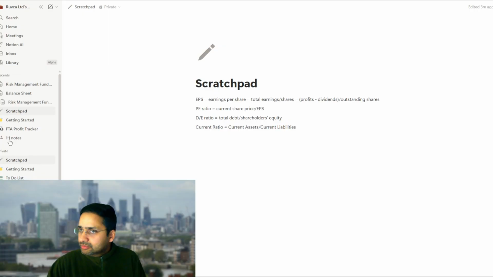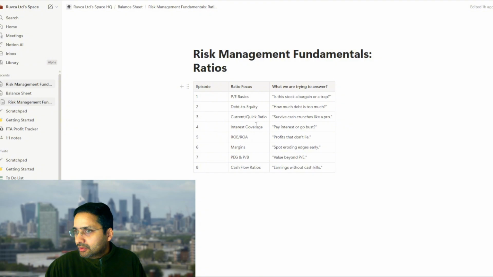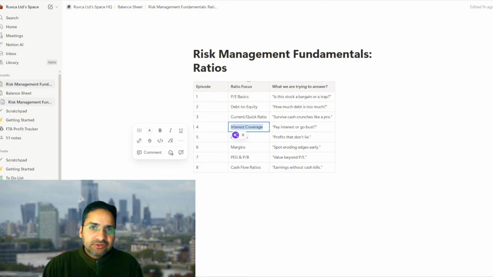Okay, so let's move on to the next thing, which is interest coverage. It ties to companies' day-to-day operational risks.